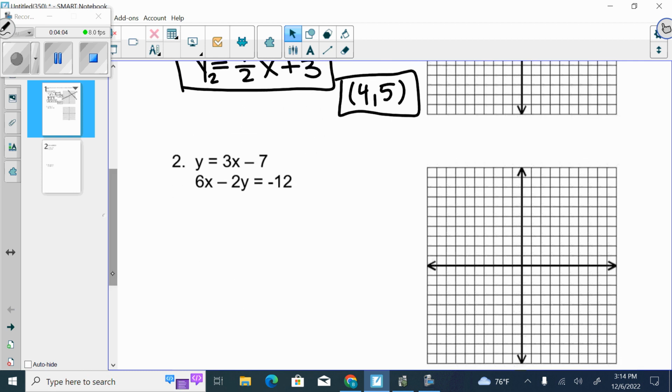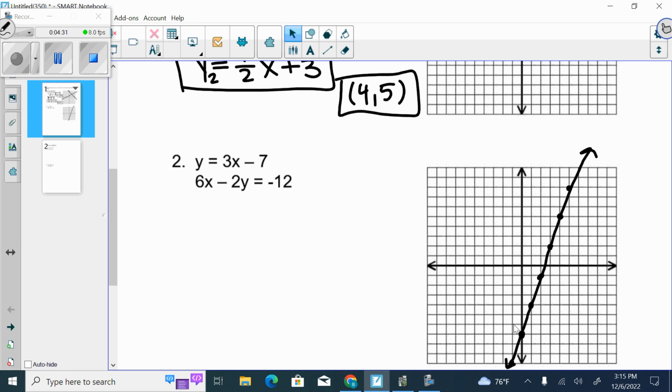On number 2, is the first equation ready to graph? Yes. Okay, so where does it start at? Good. And where do I go for my next point? Good. Okay.